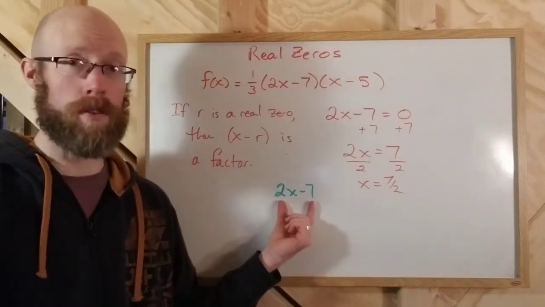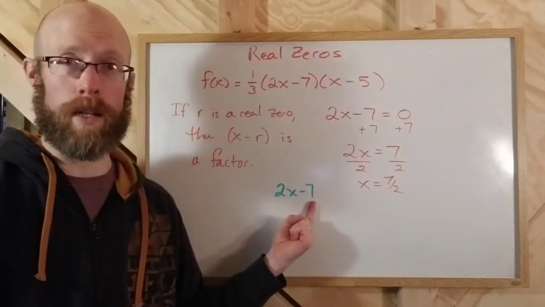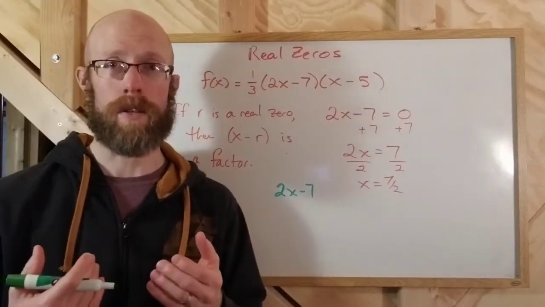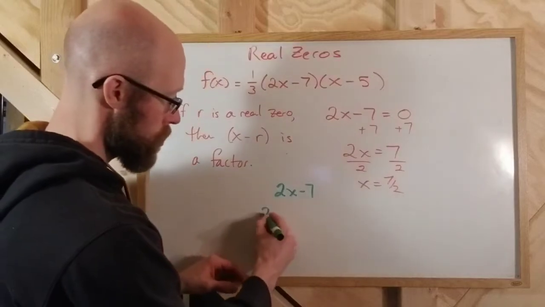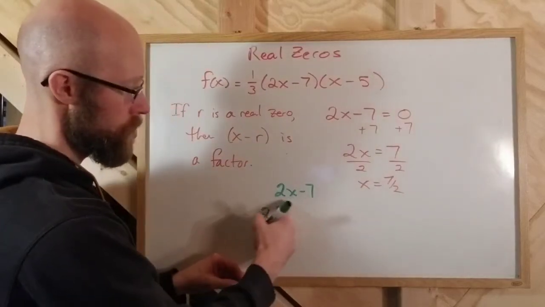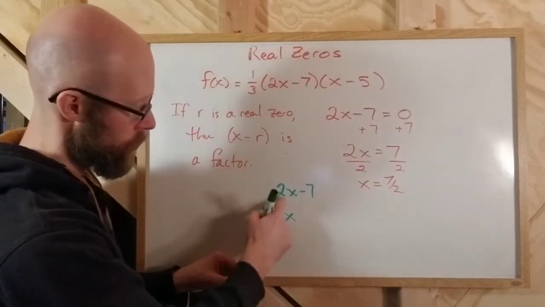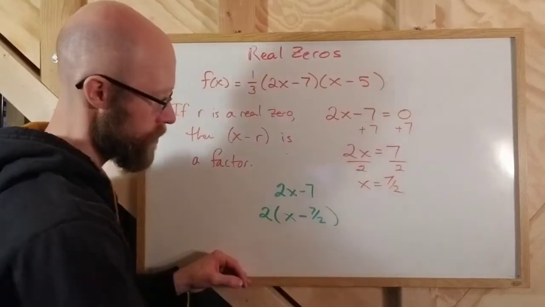Now it doesn't appear that there's a common factor of 2 because the 7 is not divisible by 2. But if you factor out, it's basically the distributive property in reverse. If you factor out a 2, then you're essentially dividing each term by 2. And so the first term would become x, the second term would become 7/2.